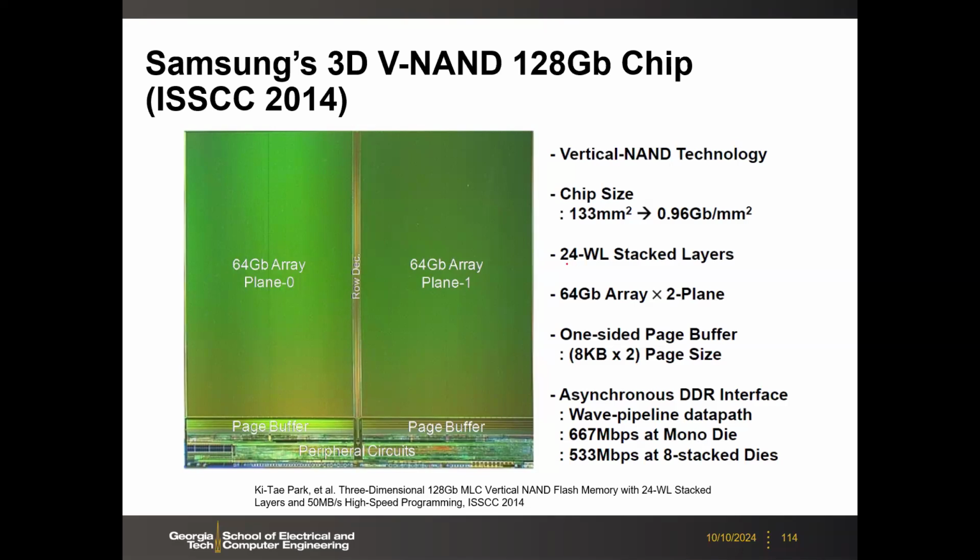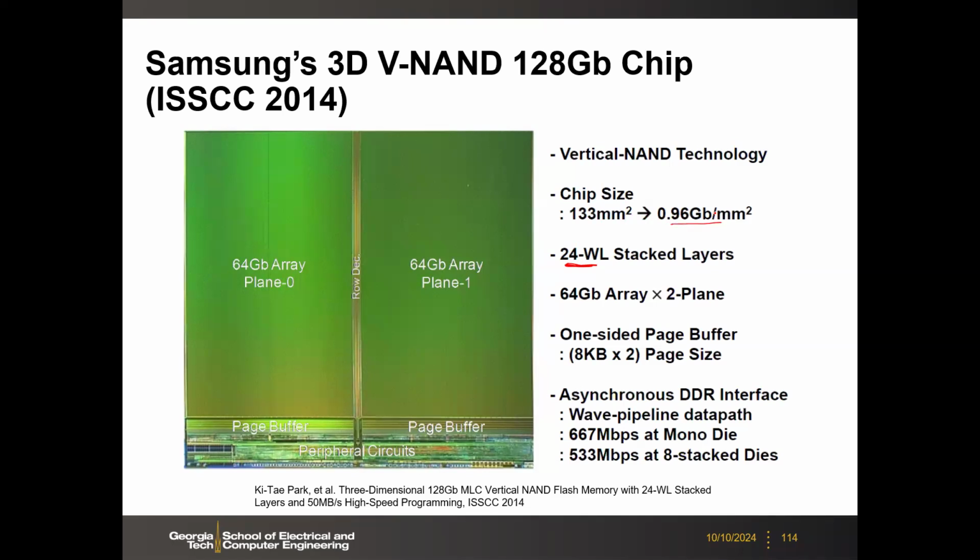The key feature is 24 layers vertically stacked, and it has 2 planes, each plane 64 gigabits. And then you see the bit density. Because the total chip size is about 133 millimeter square, and you have 128 gigabits, it's roughly close to 1 gigabit per millimeter square.